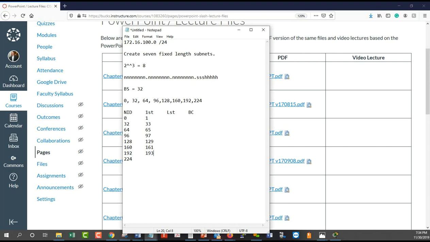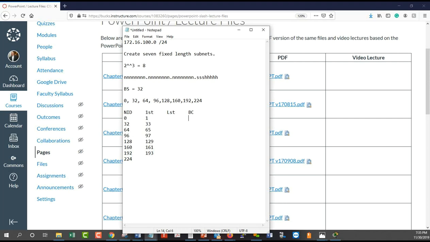Now, let's do our broadcasts. Our broadcasts are always going to be one less than the next highest network ID. So here we have our broadcast address for the network ID 0.